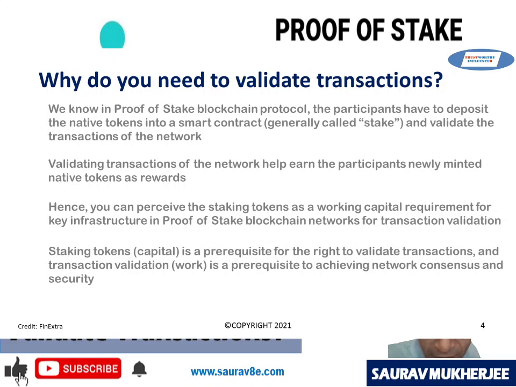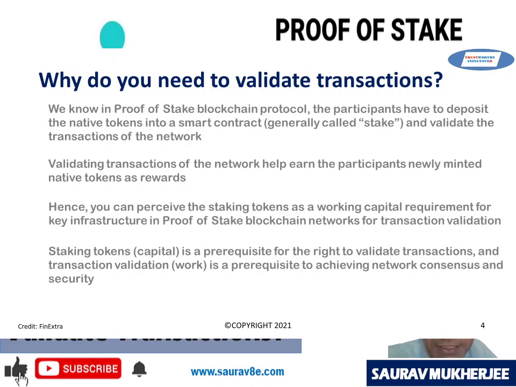Staking coins or capital is a prerequisite for the right to validate transactions, which means you cannot validate any transaction unless you have a staking token, which you either have to buy, or you have to validate to earn more, and you can do that only when you purchase.